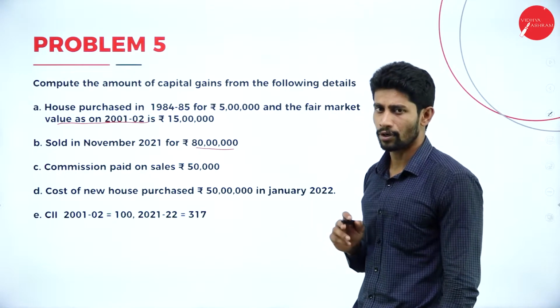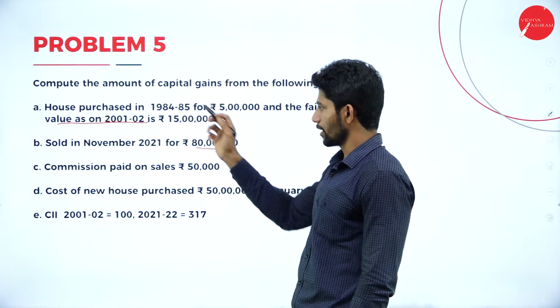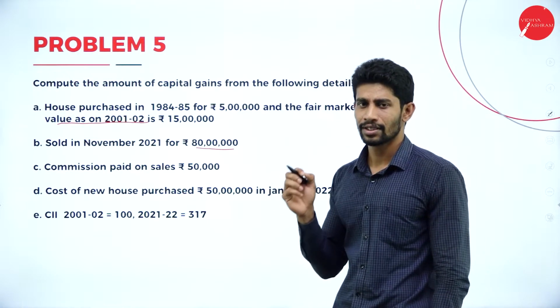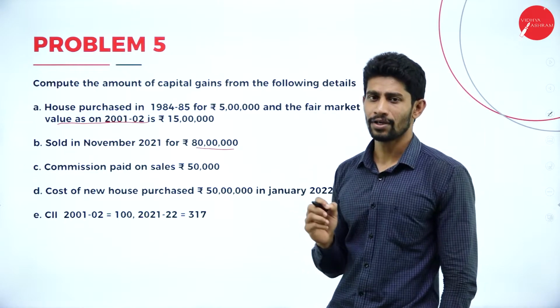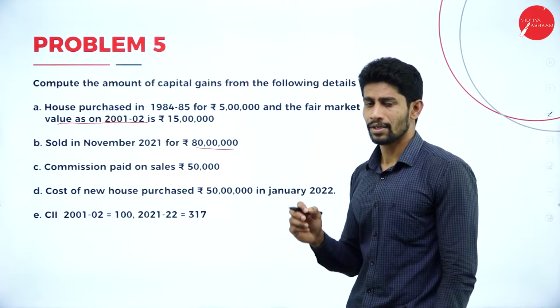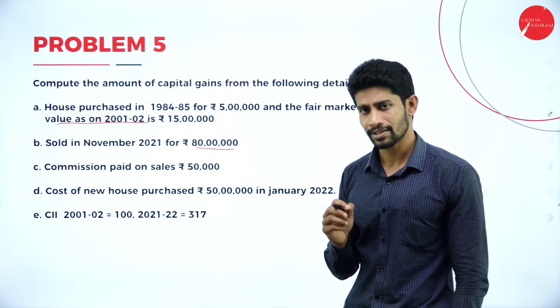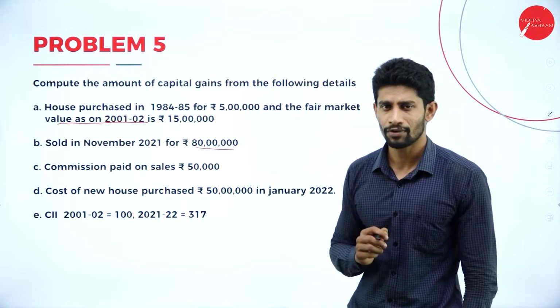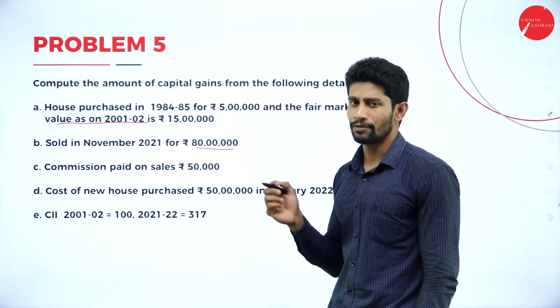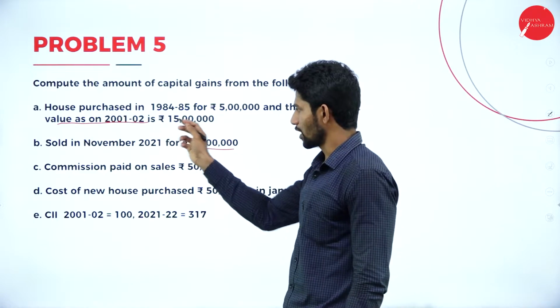So here also in this problem, the house is purchased in 84-85, but for us the CII value, that is cost of inflation index value, is available from 2001-2002. So that is why we are supposed to find out the fair market value. Usually the fair market value will be given in the problem. You need not find it out by using any formulas. So the fair market value is given.